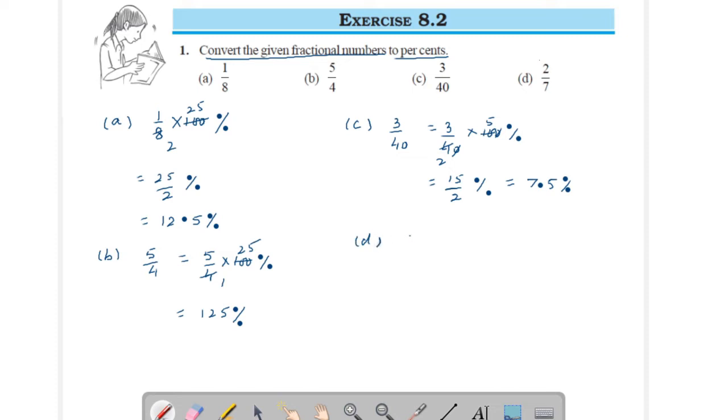Now come to D part. It is 2 upon 7. This can be written as 2 upon 7 into 100%. This can be written as 200 upon 7%.